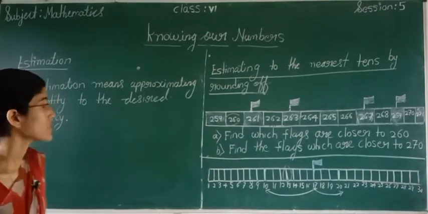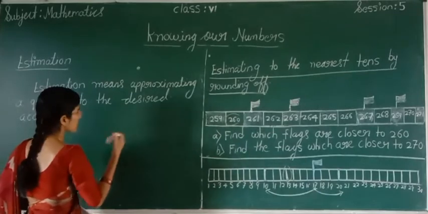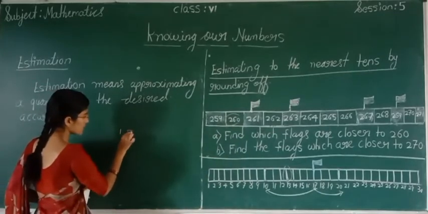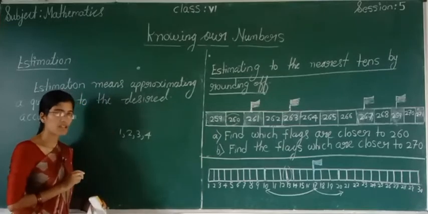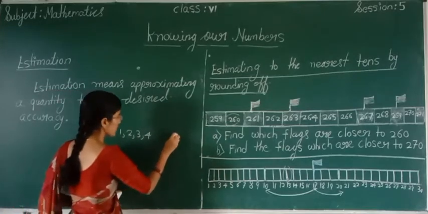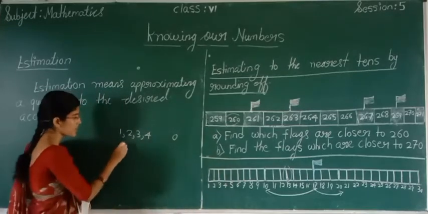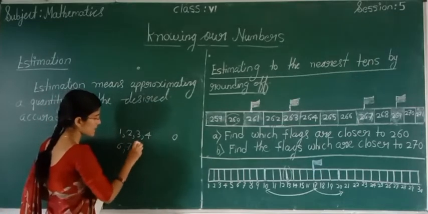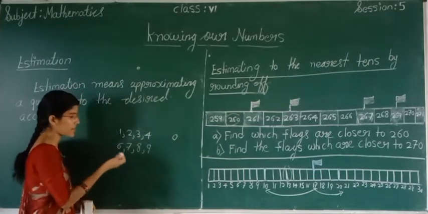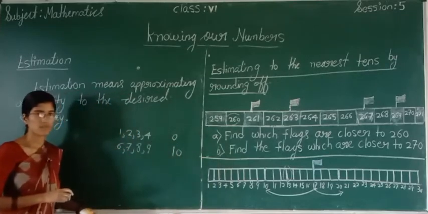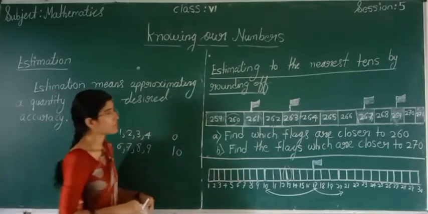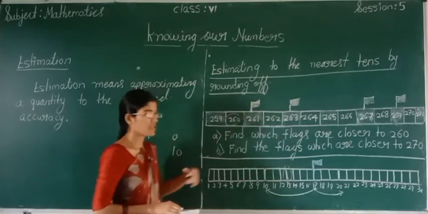See here students, here 1, 2, 3, 4. These numbers we are rounding off to 0. Okay. 6, 7, 8, 9. These numbers we are rounding off to 10.